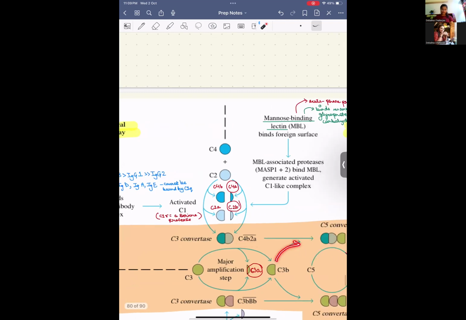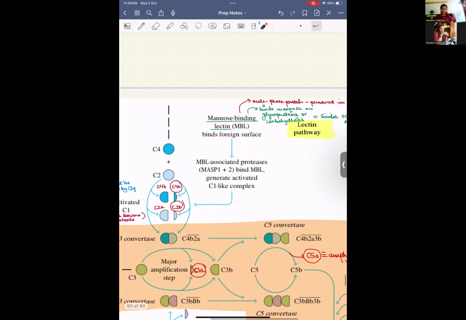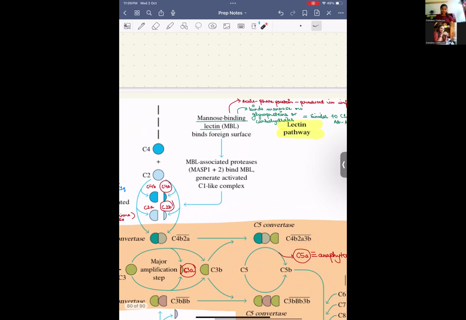This is joined by C3b. So this is a C3 convertase. It cleaves C3 into C3a and C3b. The C3b further joins here and forms the C5 convertase. C5 convertase again means cleaving of C5 into C5b and C5a. C5b is joined by C6, C7, C8, C9, and eventually there is an assembly of the membrane attack complex.